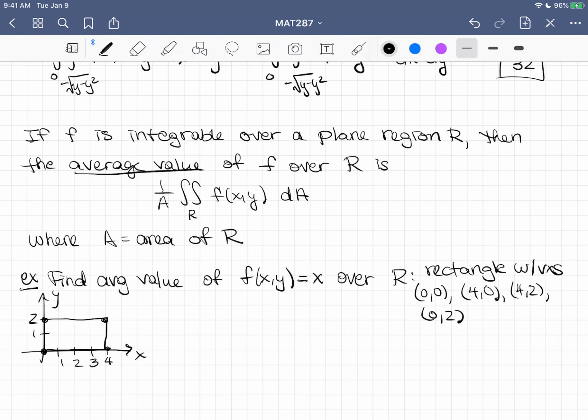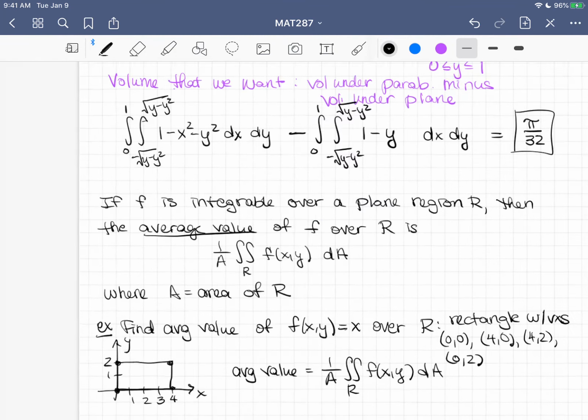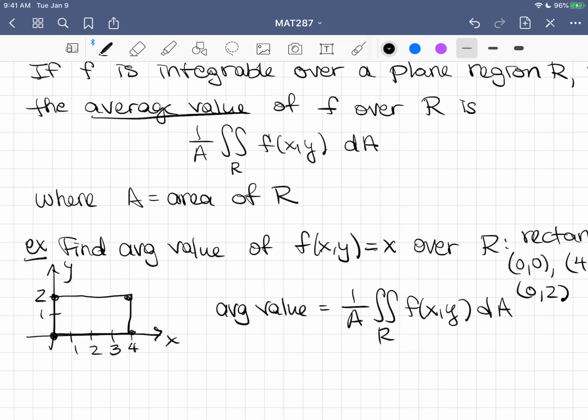Well, my formula says the average value is 1 over the area of that rectangle times the double integral over R of f of x y dA. Well, this rectangle has side lengths 2 and 4, so its area is 8. So I have 1 over 8.